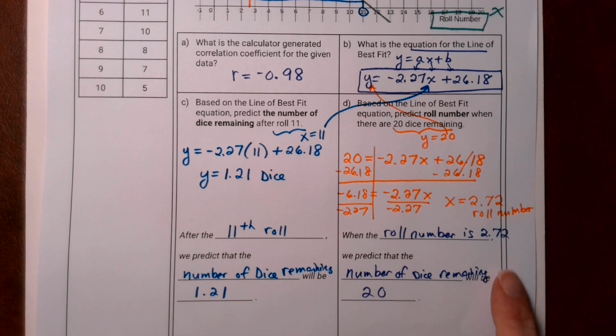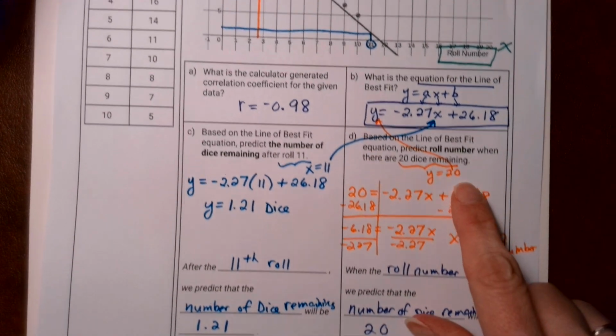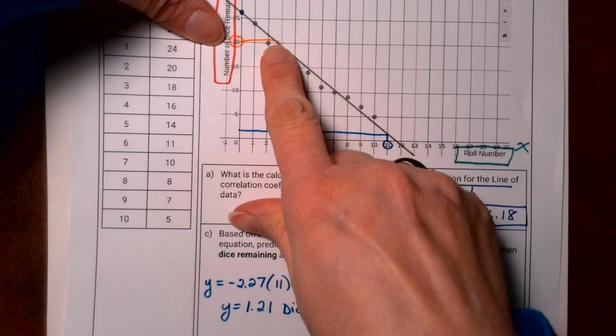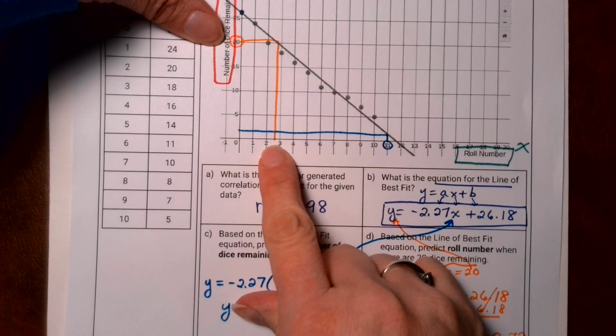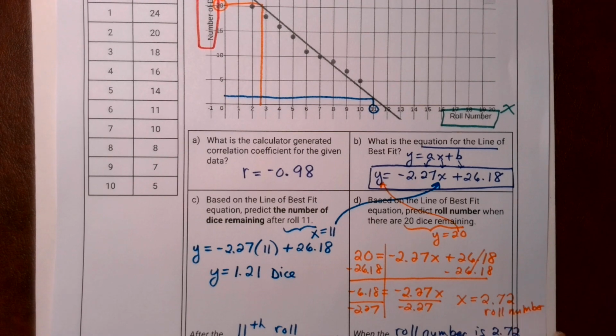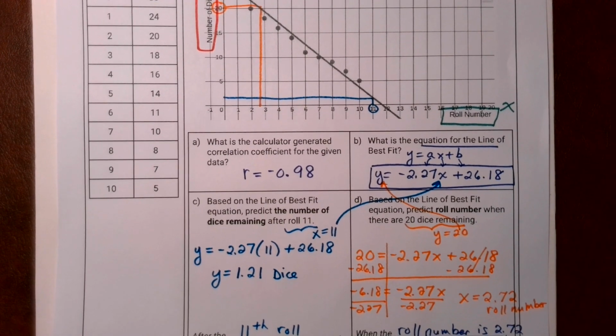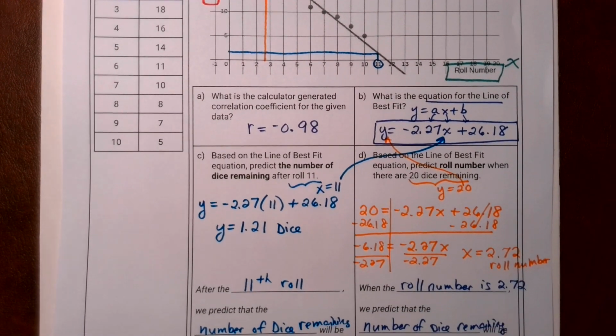And that's kind of what we said. When we had 20 dice, remember how we said it was going to be between 2 and 3, and we got 2.72. Your job is to do the rest of this packet. Good luck, Foundations.